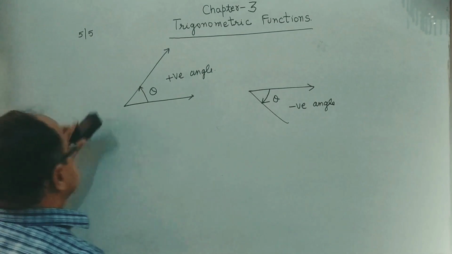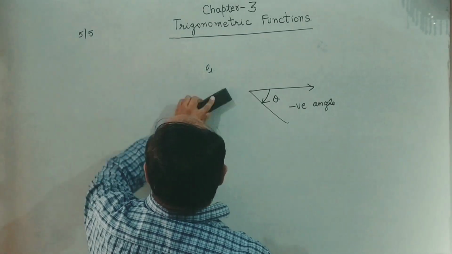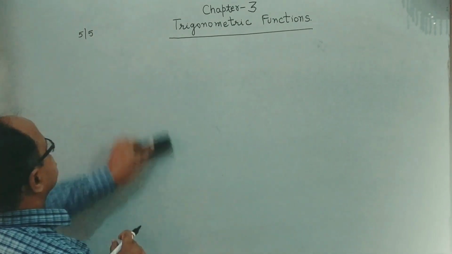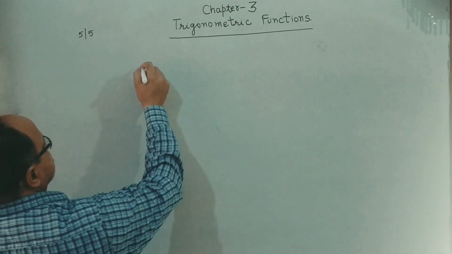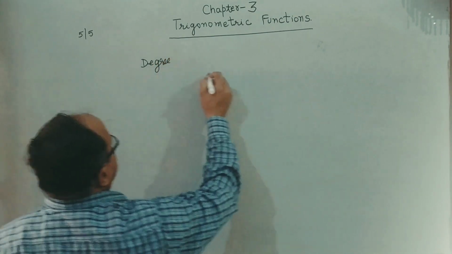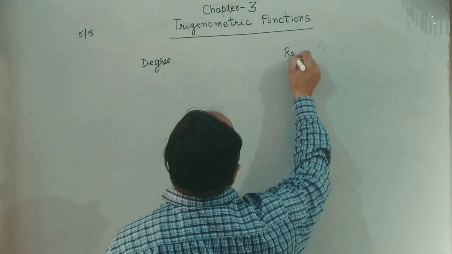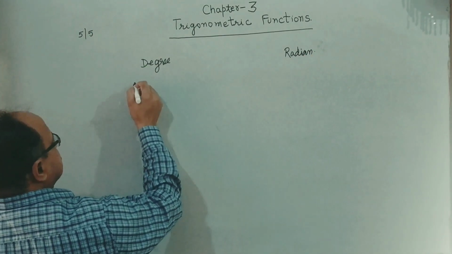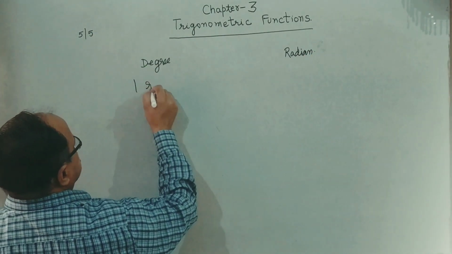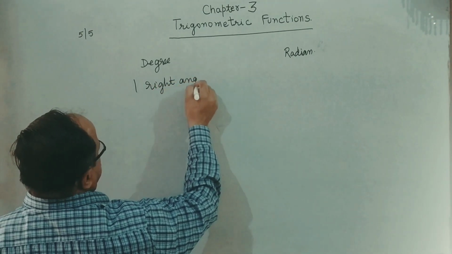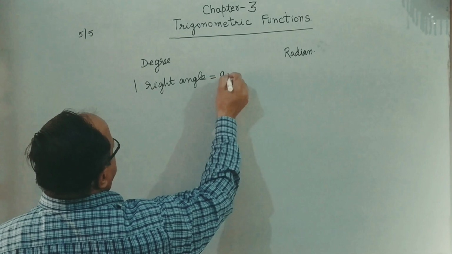And in this unit, we use two measurements. First is degree, and the second is radian. Degree you already know. One right angle is 90 degrees.